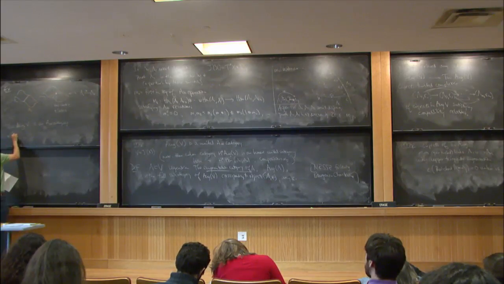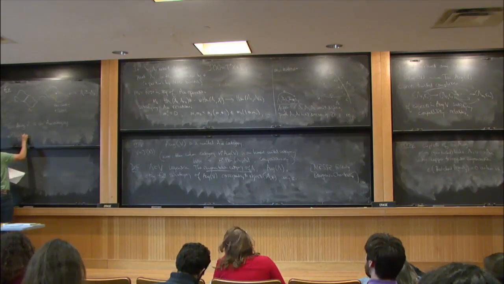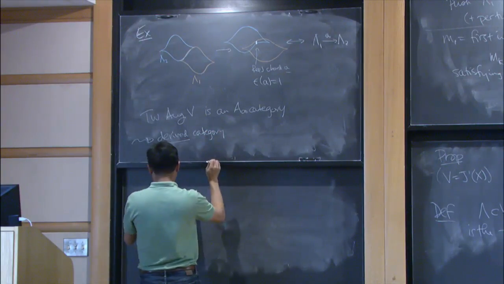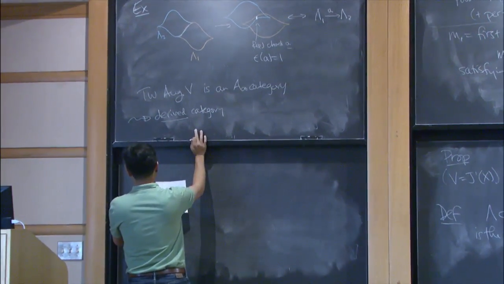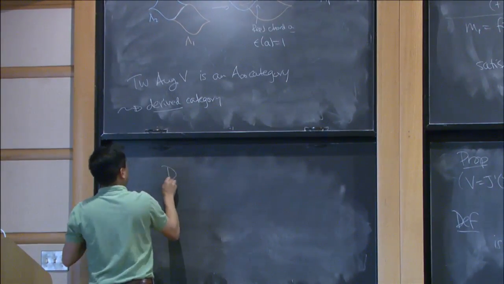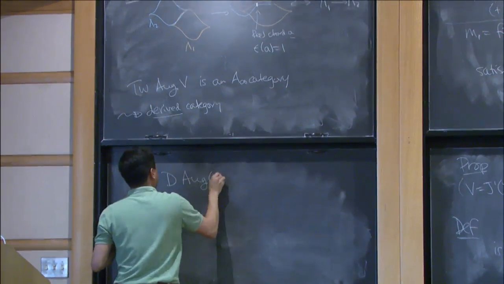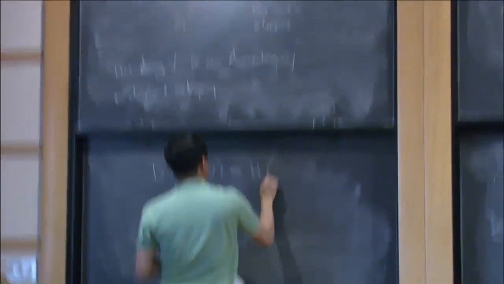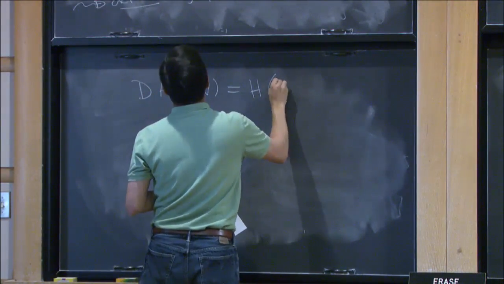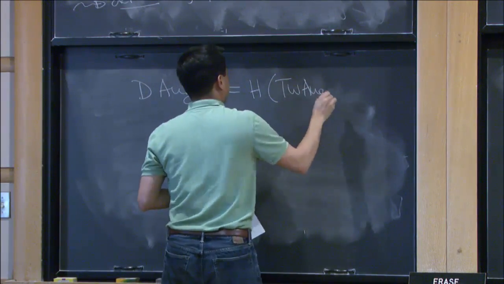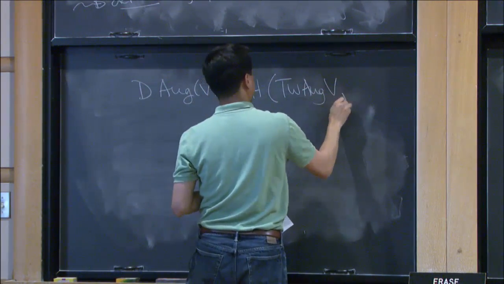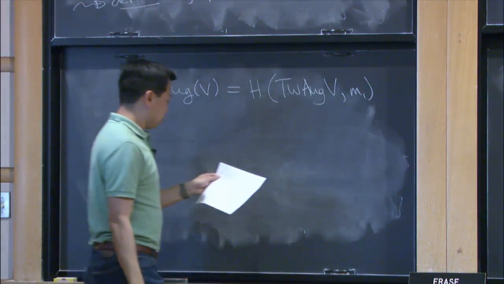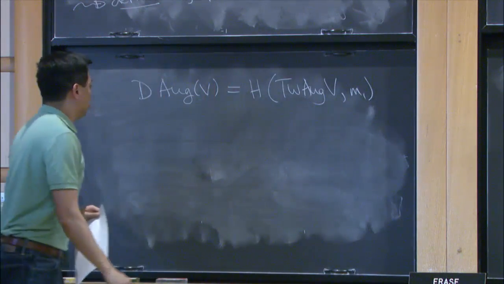Out of this, there's this notion of what's called the derived category. Maybe I'll write it down here. I'll write this as D aug of V. This is the cohomology category of the category of twisted complexes with the first A infinity operation M1 on this. So this is a real mouthful.